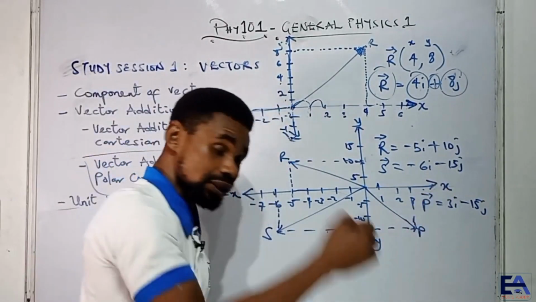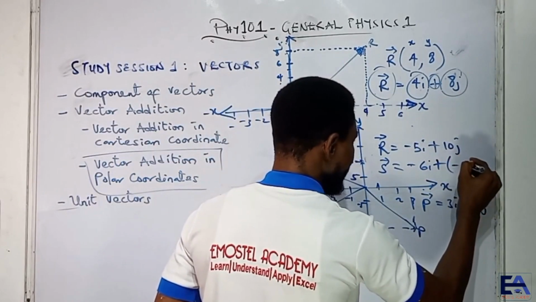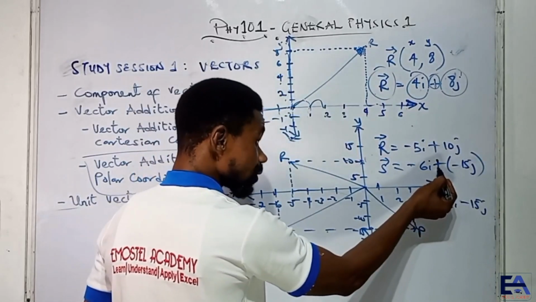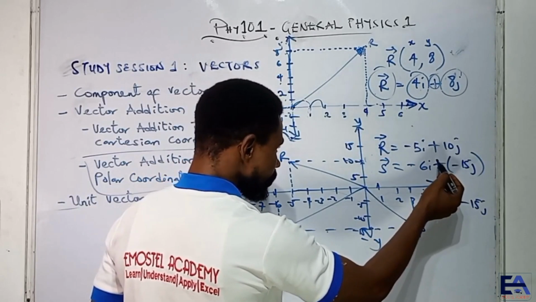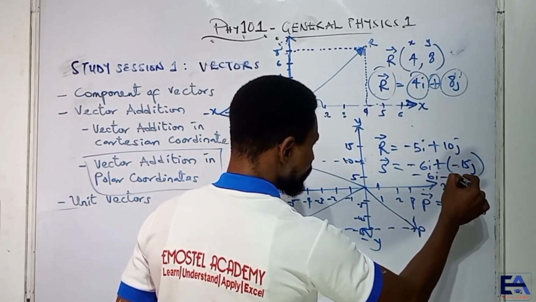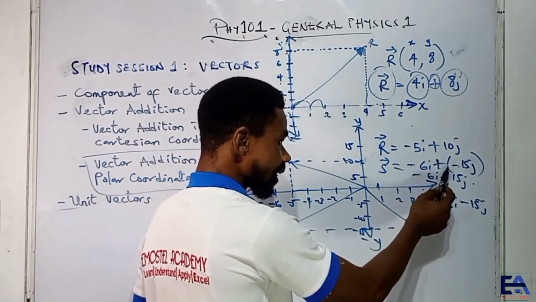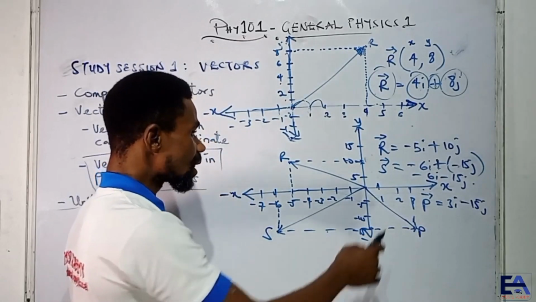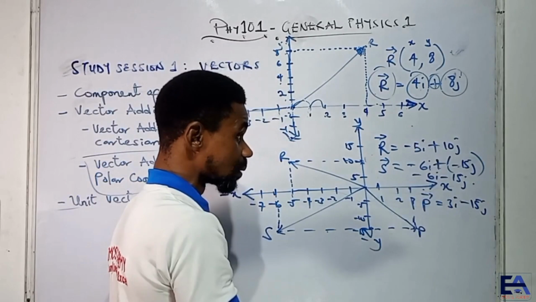This minus still means plus, but because there is a plus existing and there is minus 15j, the plus times minus is minus, that's why you have minus 6i minus 15j. But ideally, it is given as minus 6i plus minus 15j, because this i and this j, they are vectors themselves, right?